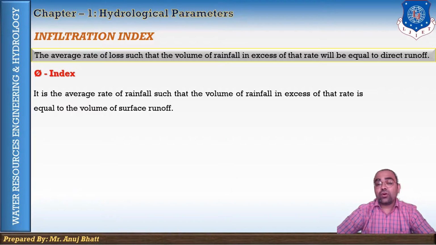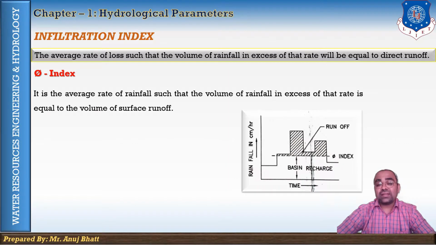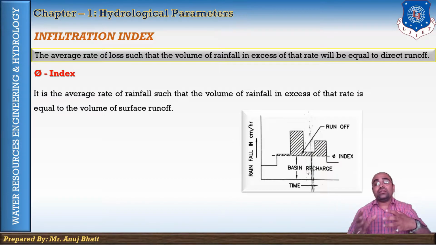This is the hydrograph we have talked about, wherein the portion above the phi index is considered as surface runoff and the part below is the basin recharge, that is, the volume of water stored below the ground.